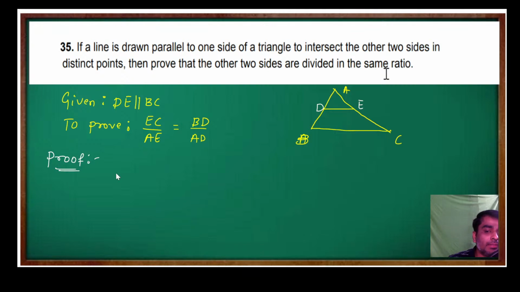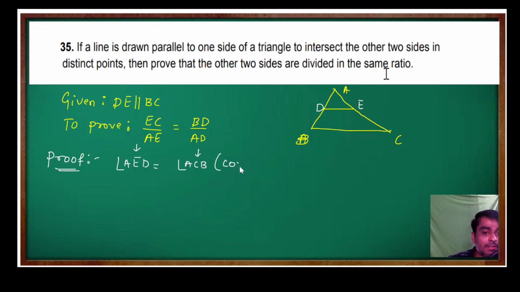There is a theorem, right? BPT. So first you see corresponding angles are equal here. Which are they? Angle AED equal to angle ACB. These two middle letters you need to observe. These two are corresponding angles and they are equal.